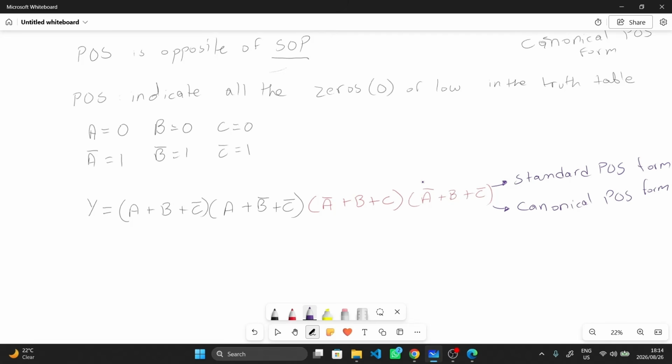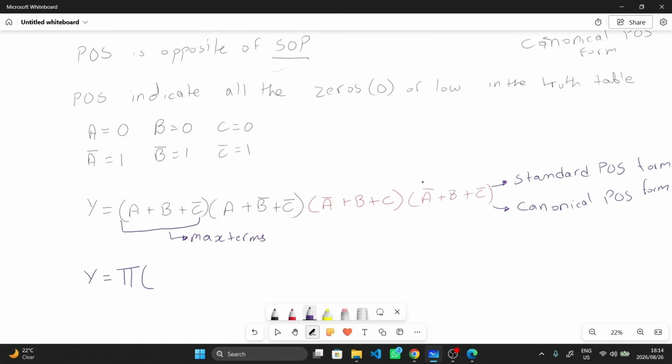Okay, and remember these terms are called max terms. And now we can write this in terms of max terms. Here we use the pi symbol, and we write all the values where zeros are present.